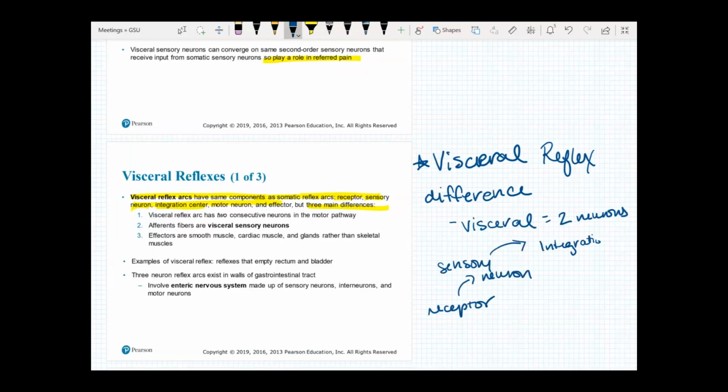That integration center will send the motor neuron. So this should look familiar. And then that motor neuron turns on the effector. The process is the same, but what we're basically saying is this part right here will have 2 neurons. It will have 2 connections because remember our ANS will always have a preganglionic and a postganglionic.